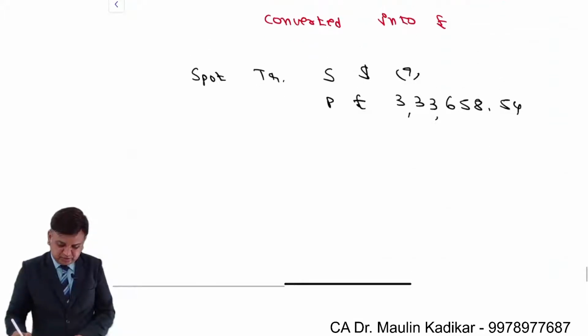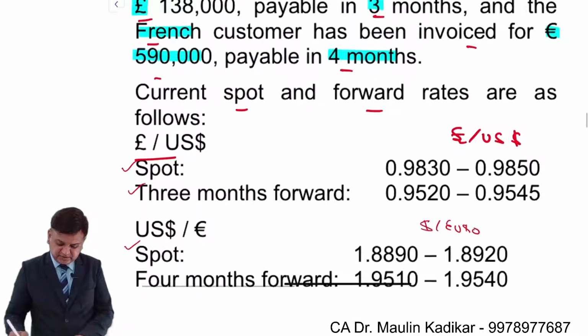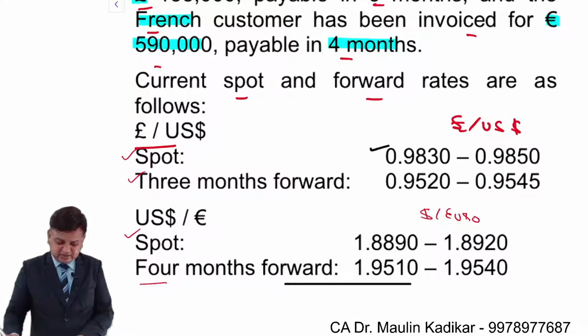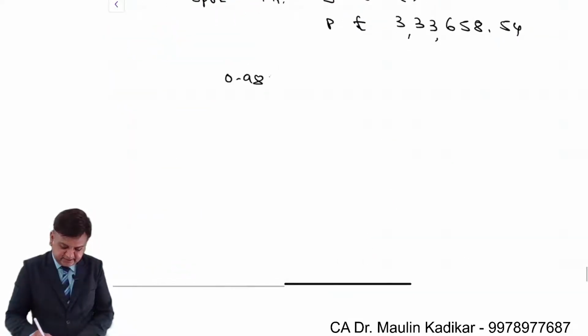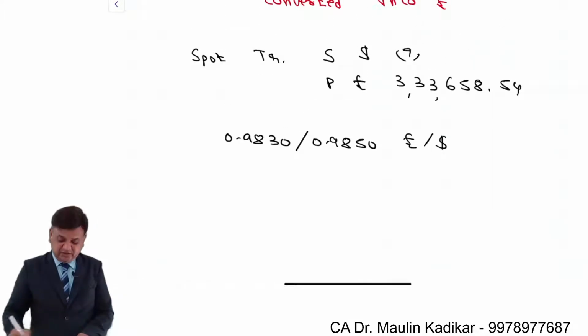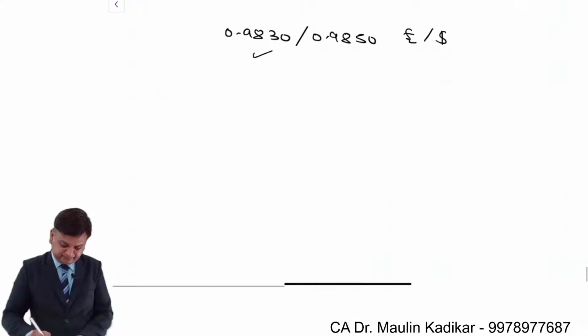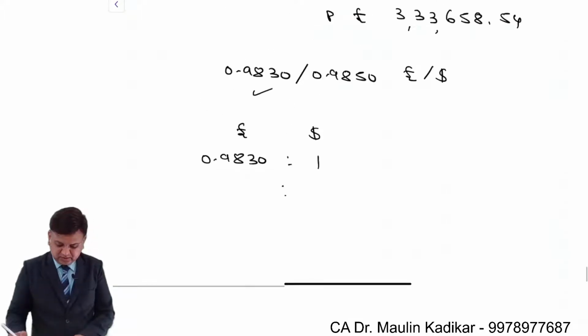Okay. So what is the spot exchange rate provided to us? This is the spot exchange rate: 0.9830 slash 0.9850. It is pound per dollar. So for every $1 you will get less amount of pound. So 0.9830 pound is equal to $1.